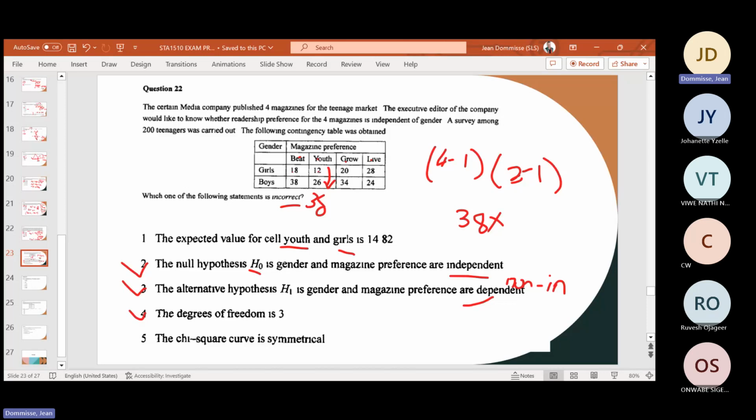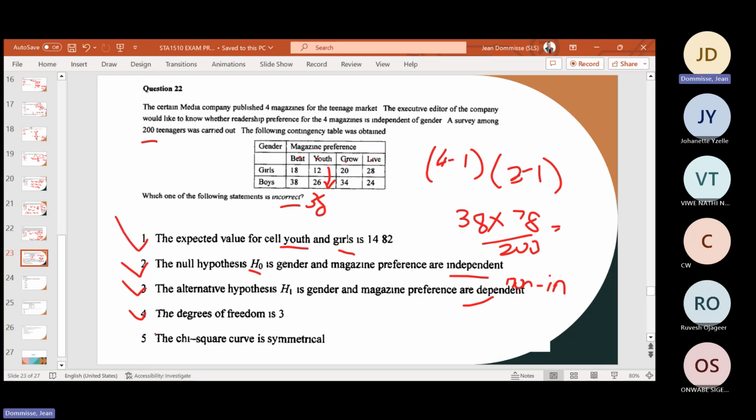So that is 18 plus 12 is 50, 20, 78. Cool, thank you very much. And that divided, they told us, was 200. Okay, so 58 times 78 divided by 200. What does that give us? Okay, so I got 14.82, which is also correct.